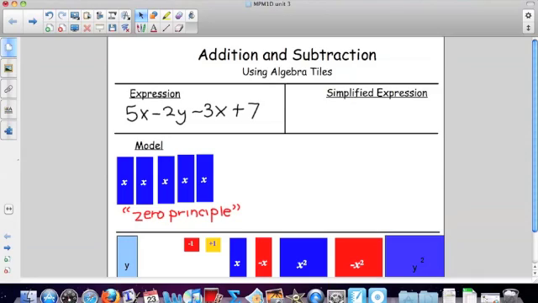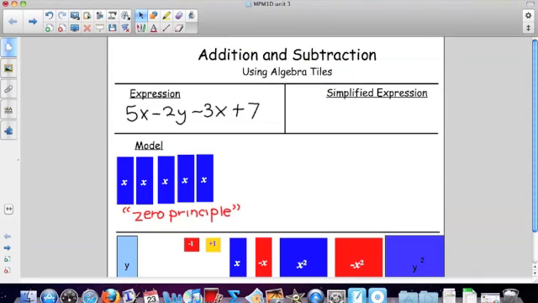Okay, guys, so when we're talking about the zero principle, does anyone know what that means? Matthew? Exactly.